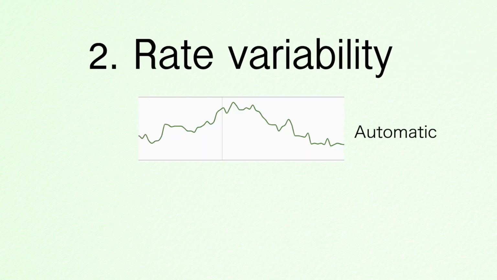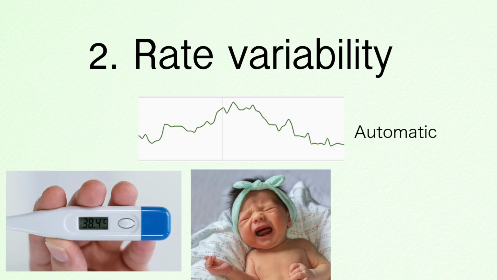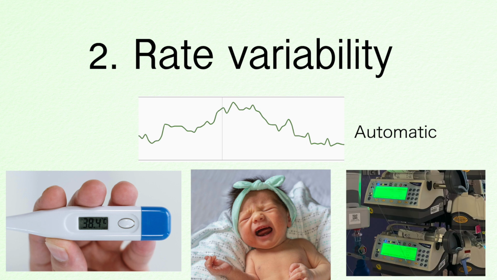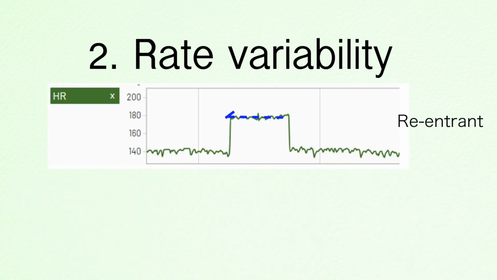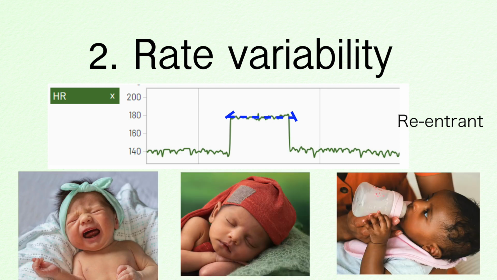The rate of an automatic tachycardia varies based on what is happening to the patient. These tachycardias are affected by temperature, agitation, and intrinsic and extrinsic catecholamines. So if your patient is on a high dose of epinephrine or has a fever, the rate will be higher. Reentrant tachycardias have a set rate. Crying, sleeping, eating, the rate stays nearly the same. Reentrant tachycardias also tend to be faster.